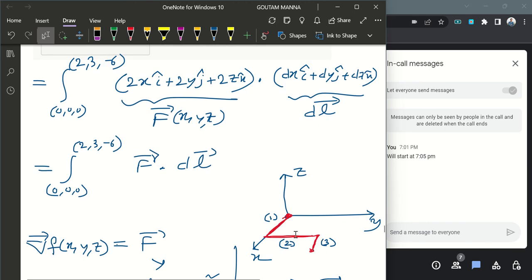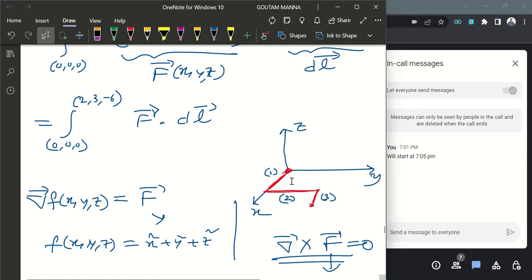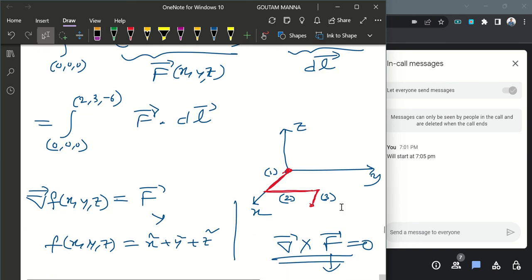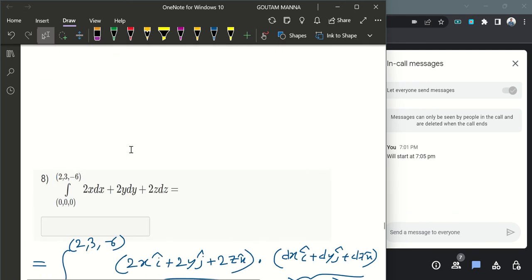When we are on the second part, only the y integration will be there. There is no variation of x and z along this path, so the dx and dz parts will be gone. And while we are on the third part, the z integration will be there, and the others will be 0.